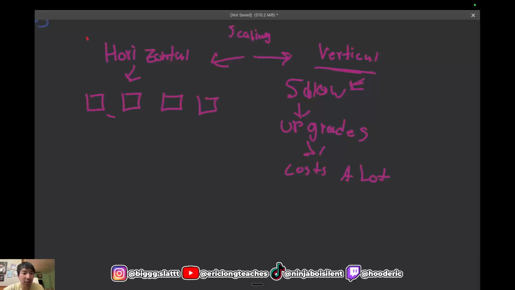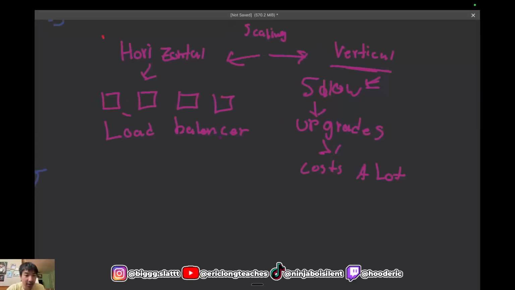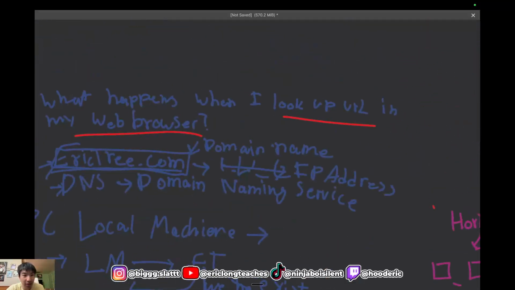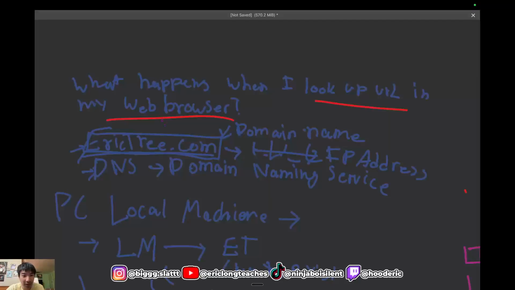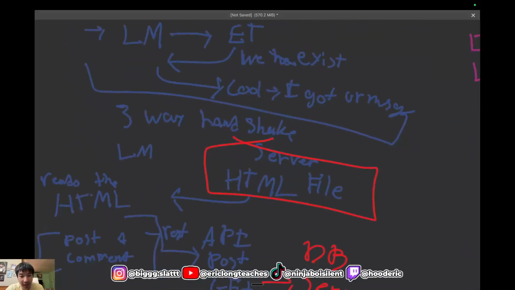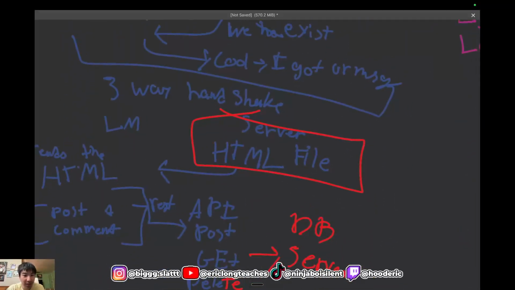So usually what goes with the horizontal computers is you have something called a load balancer. Right. So going back to what happens when you look in your web browser, when your local machine talks to the server, sometimes it doesn't even talk to the server at all.